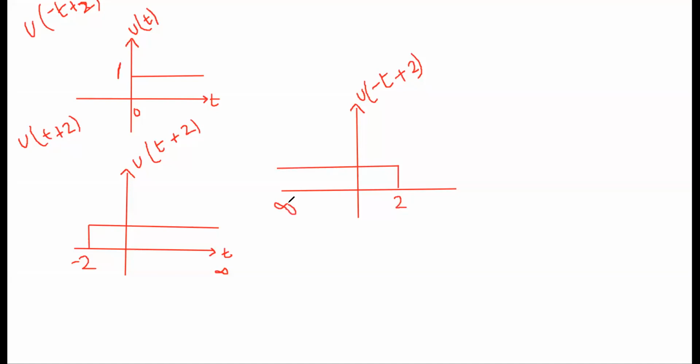Is it clear everyone? Shall we move on to the second one? So the second problem is minus 2 into u of t minus 2.